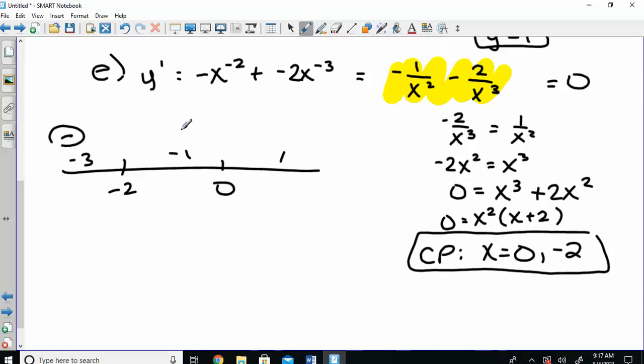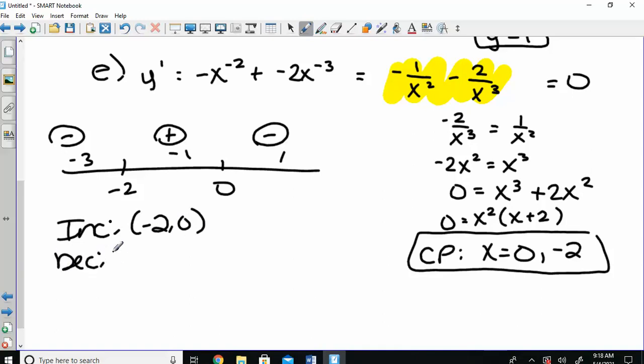Put in negative 1, get negative 1 plus 2, so that's positive. Put in 1, negative 1 minus 2 is negative. So this one is increasing between negative 2 and 0, and decreasing from negative infinity to negative 2, union 0 to infinity.